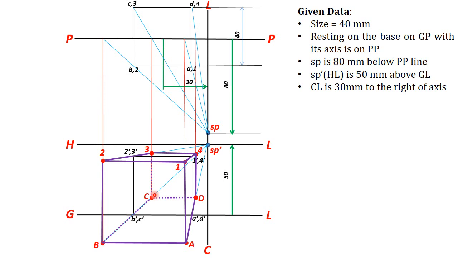So you can join the other edge CB with a dotted line. Okay, if this problem is solved, this is your perspective view of the cube.